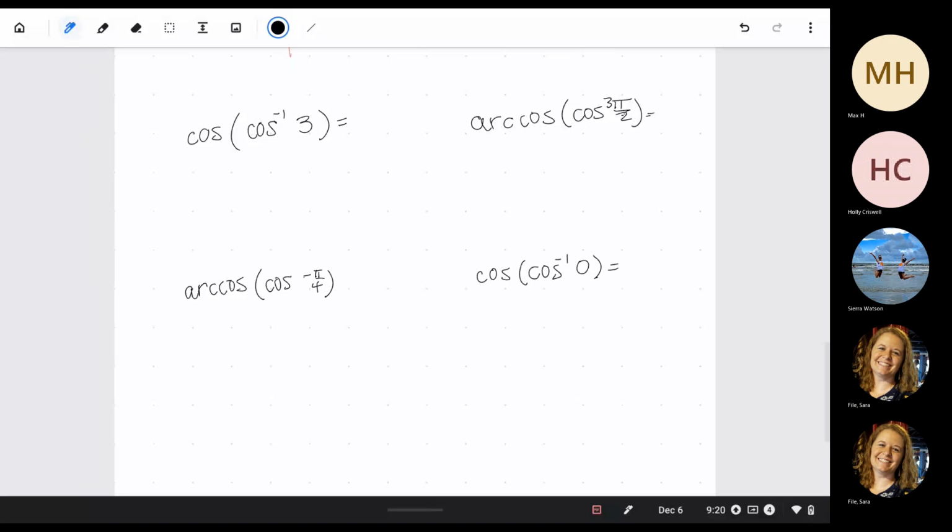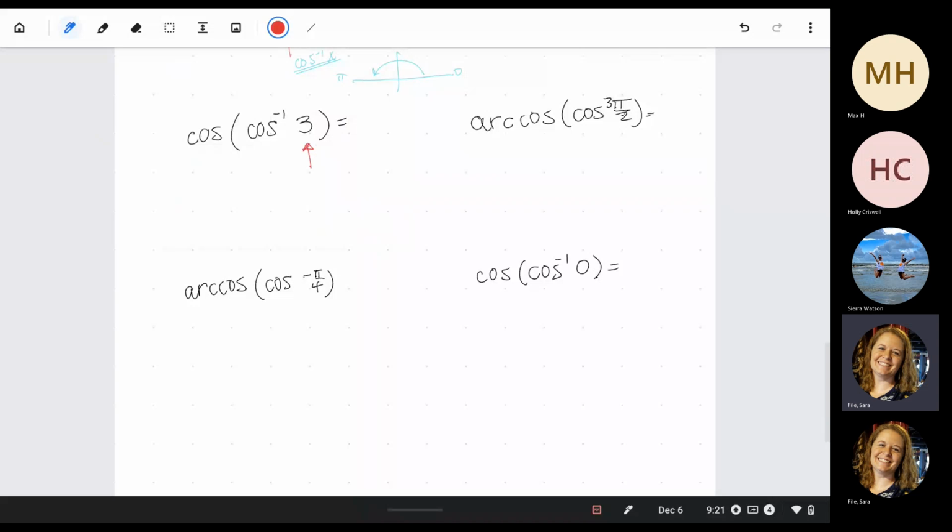So, quick sketch here, just to remind you, for arc cosine, our solutions are going to come from 0 to pi. Okay, so looking at this first problem, if you're not sure if you can just cancel these out, you look at this value.